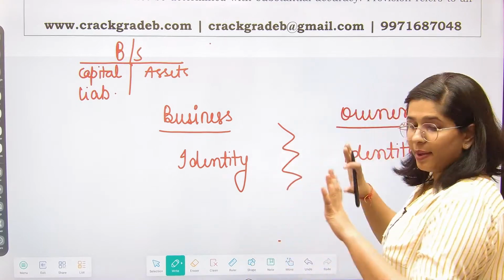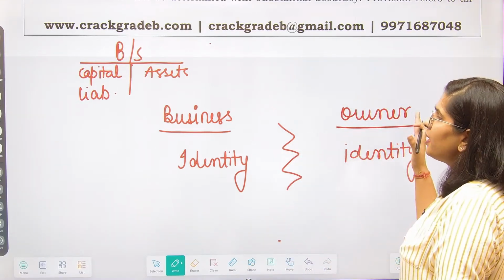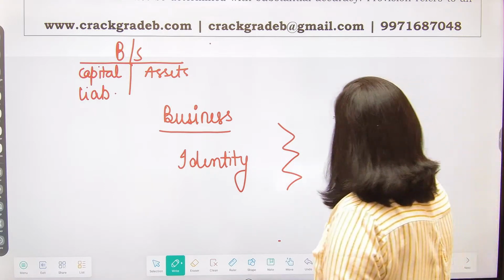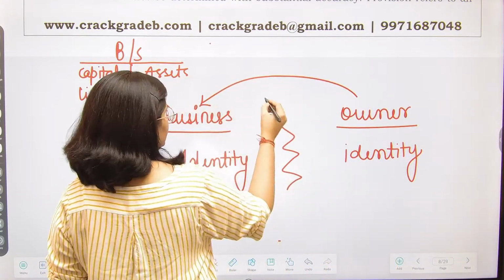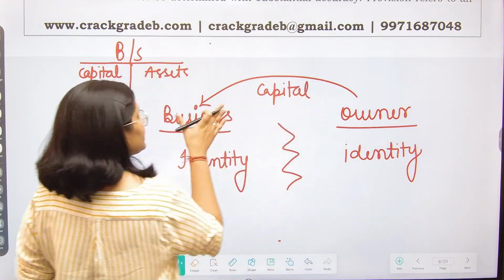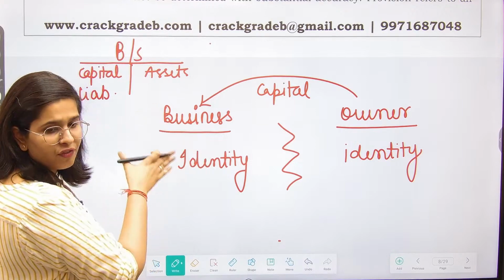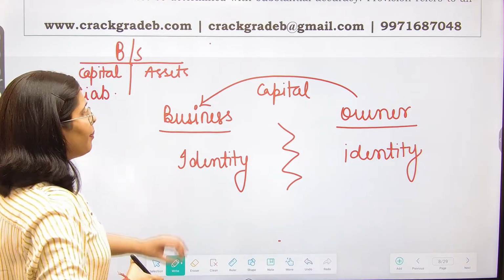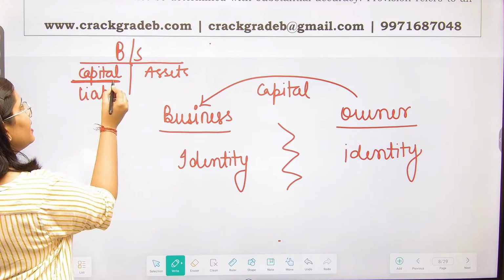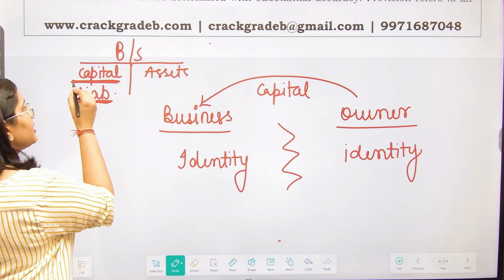Okay, so let me focus over here. Business and owner have a separate identity, right? So when the owner gives the capital to the business, the business considers it as a form of liability, and hence it is written alongside liability.